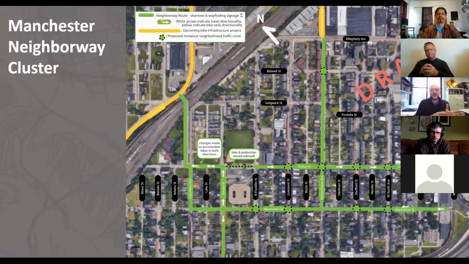Going to another feature that we have proposed here, the dotted line circles. These are right now likely to be the biggest type of intervention that we have in store for these neighborways. But we have begun implementing what we call neighborhood traffic circles on neighborway projects. They're simply small concrete islands in the middle of the intersection, so that drivers and bikers as well need to negotiate around the circle to make left-hand turns and to continue through.